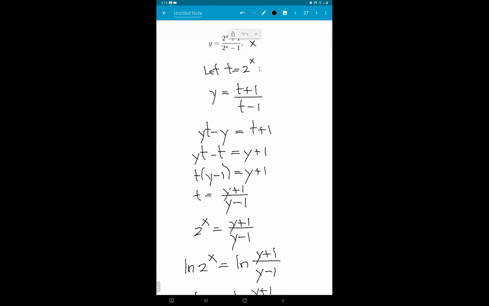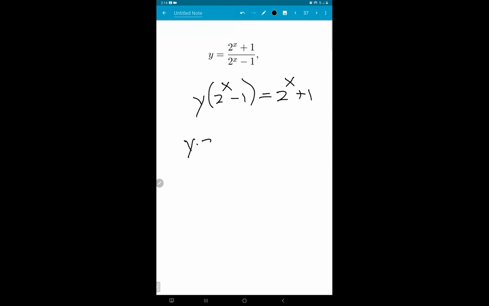So how are we going to solve this in another way without having to use a transformation? You can do this directly by manipulating the equation right away. Cross multiply. Let me just show it step by step. Then you distribute. Then you solve for x.